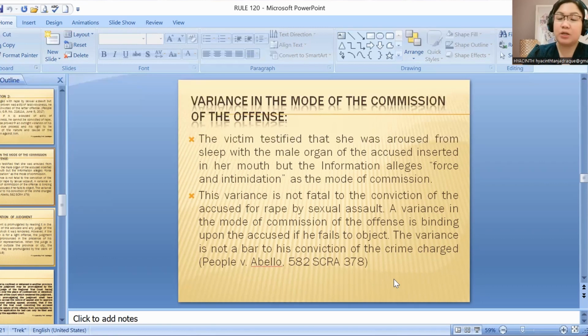It entails a higher penalty because the force and intimidation there could be the mode of committing the traditional rape, which carries with it a higher penalty than rape by sexual assault. So, variance in the mode of commission is not fatal.